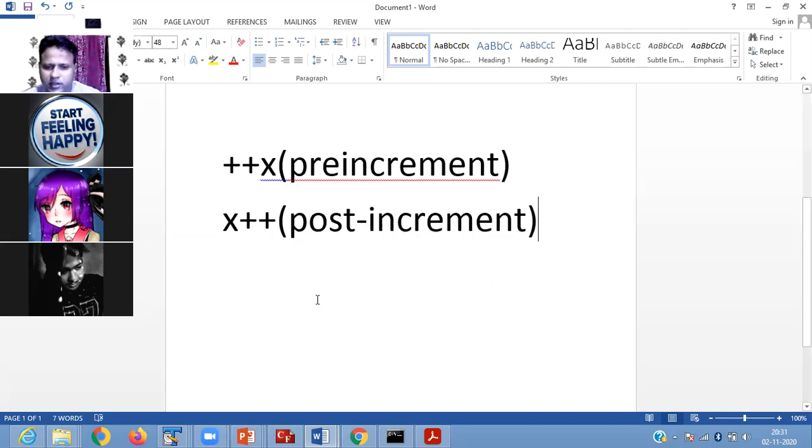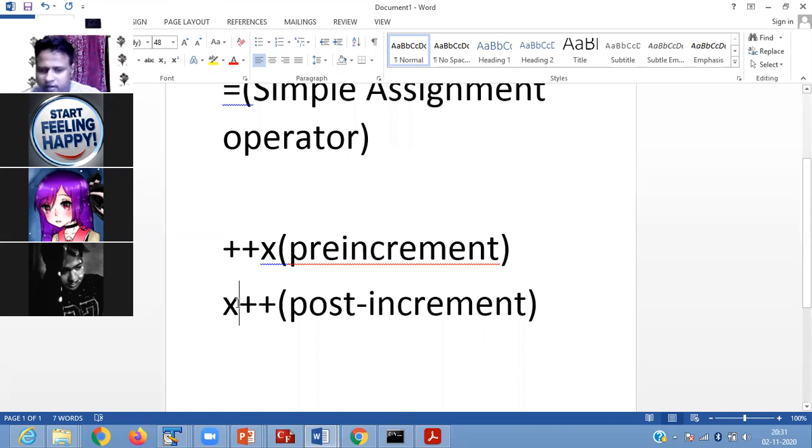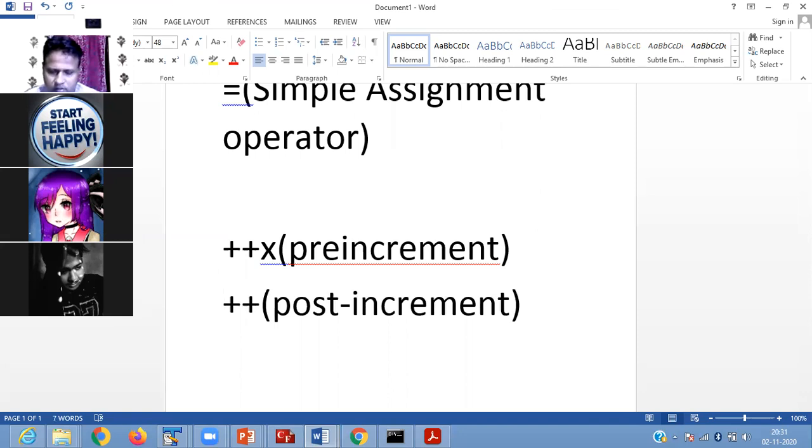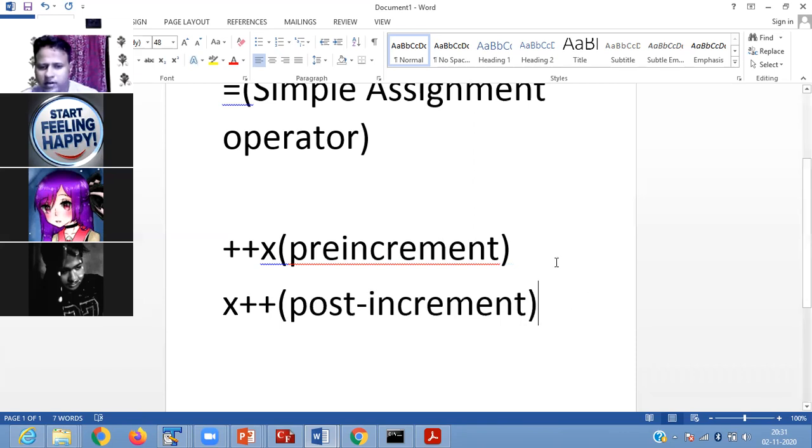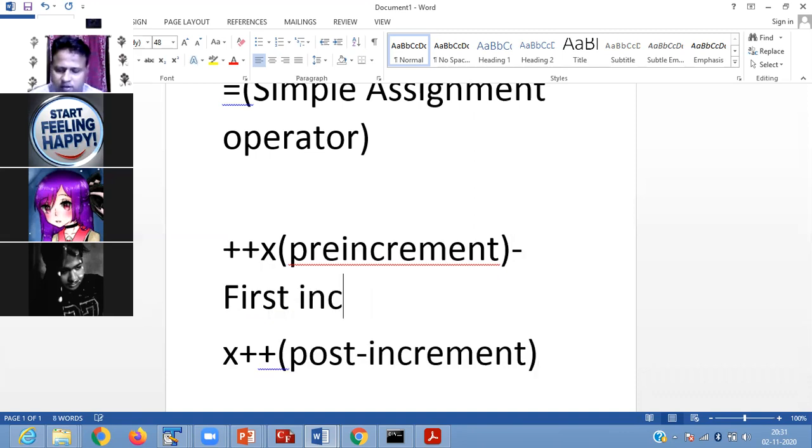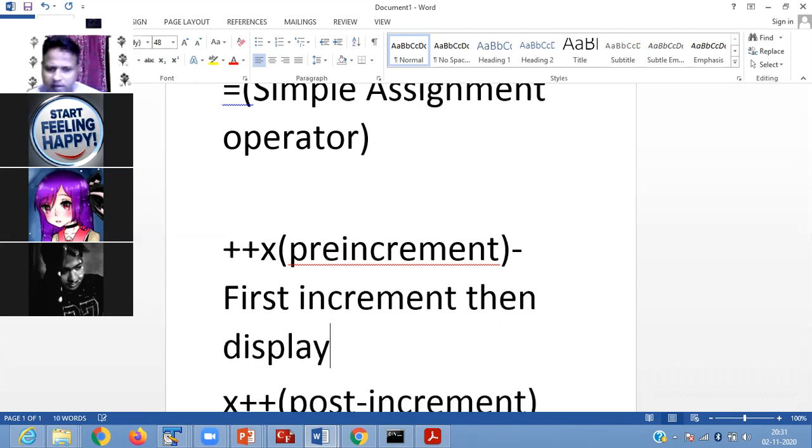Now it means, first increment, then display.